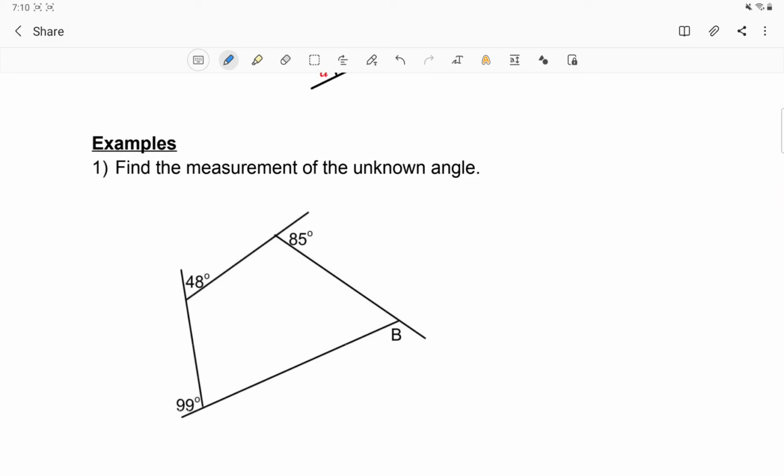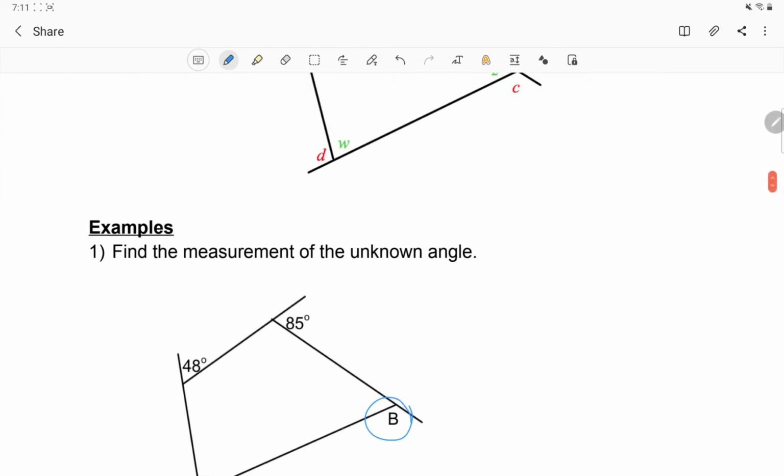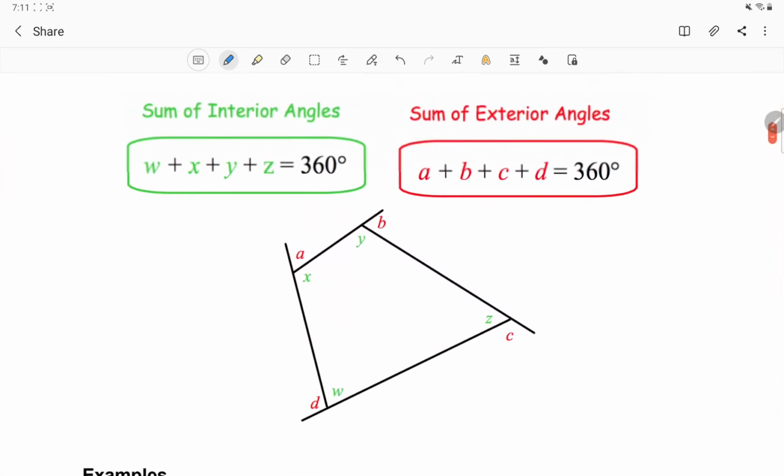So in this diagram right here, we have all the exterior angles shown, and this right here is unknown. We know this angle right here, B. We can find it by using these relations.